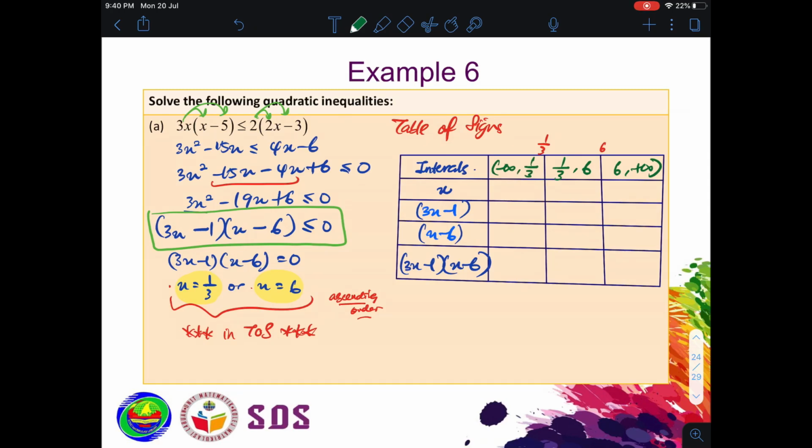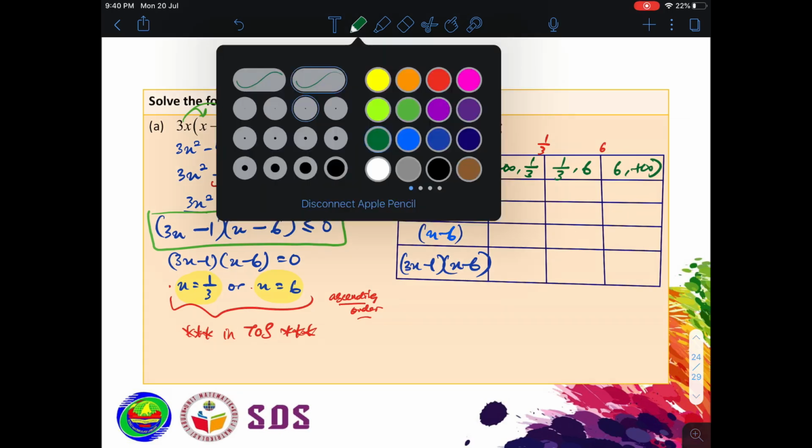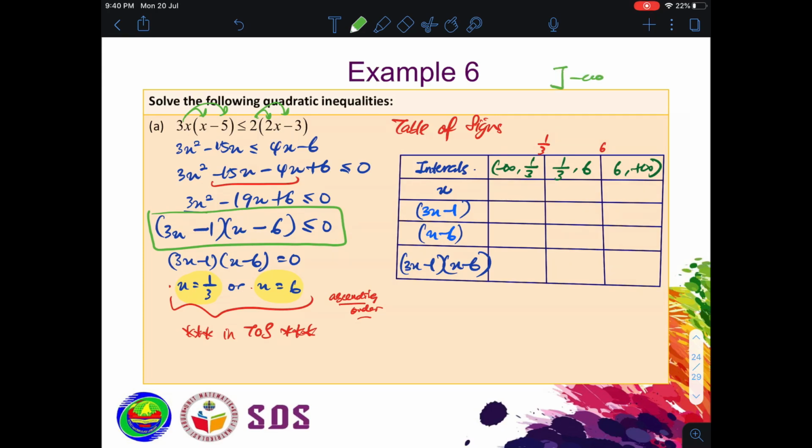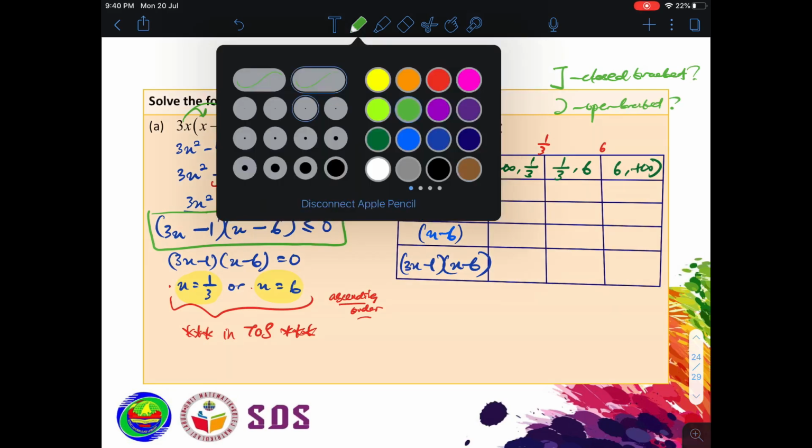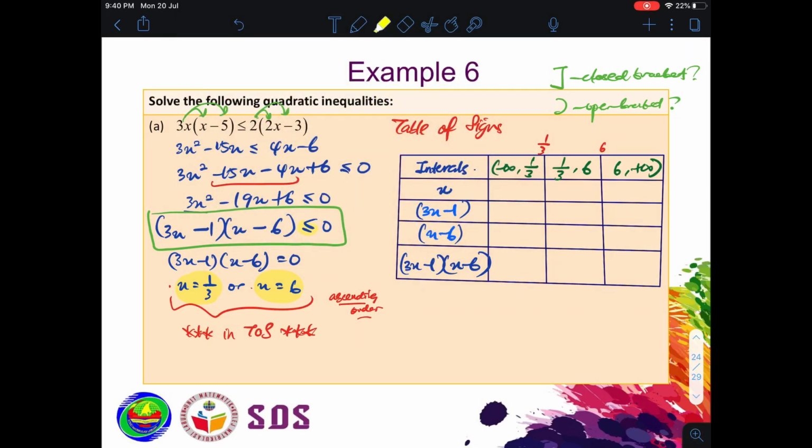Now you need to be careful what kind of bracket you choose. Is it going to be a closed bracket or an open bracket? The answer to that question is actually here.